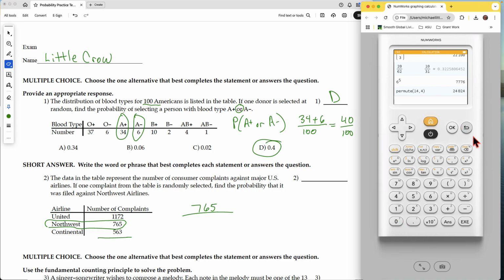Let's clear this out. Shift, clear. So 1172 plus 765 plus 563 gives 2,500.